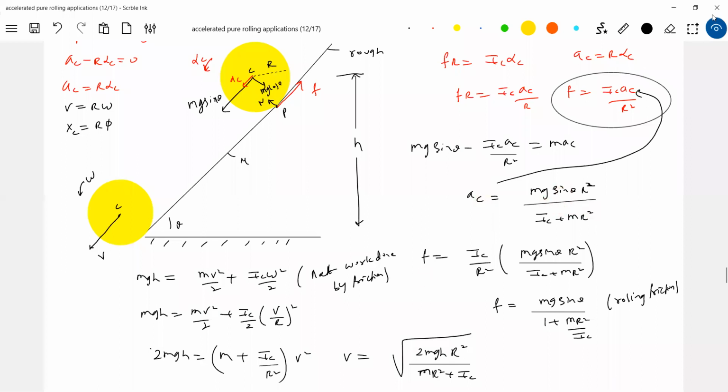Our next question: what should be the minimum value of mu for which slipping occurs? Any condition for mu. The next very important part of the discussion. For any value of mu, will the rigid body roll, or only for some specific values?